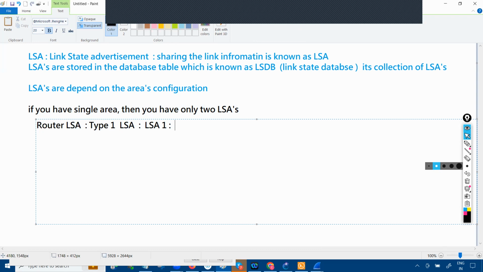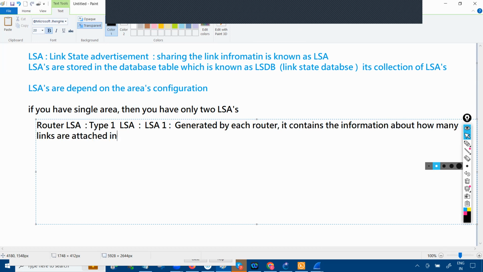The router LSA is generated by each router. It contains the information about how many links are attached to my router.